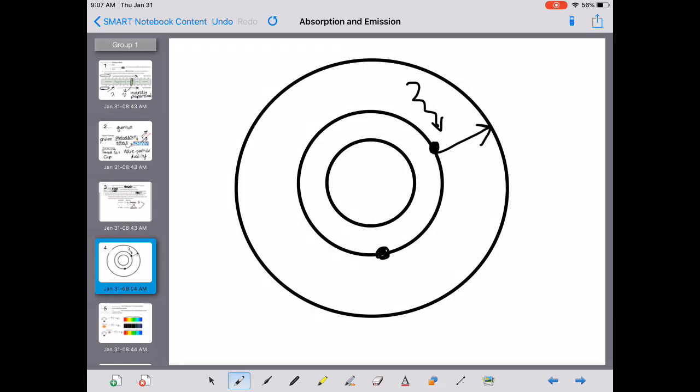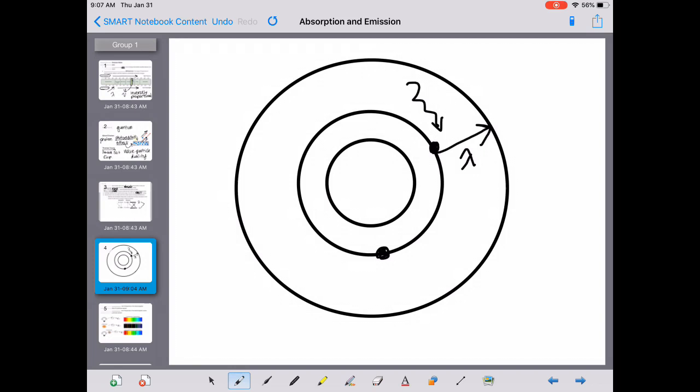That specific amount of energy has a particular wavelength, and scientists can measure this wavelength, and we call that amount of energy and the wavelength of that type of energy the absorption spectra of the atom.